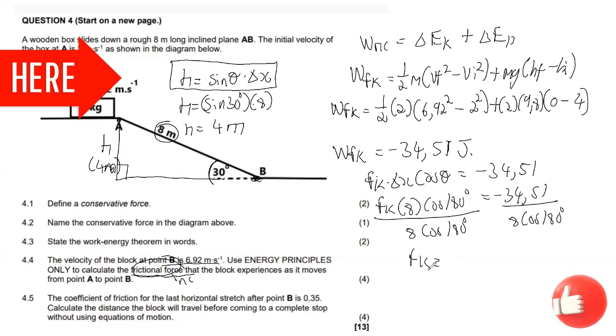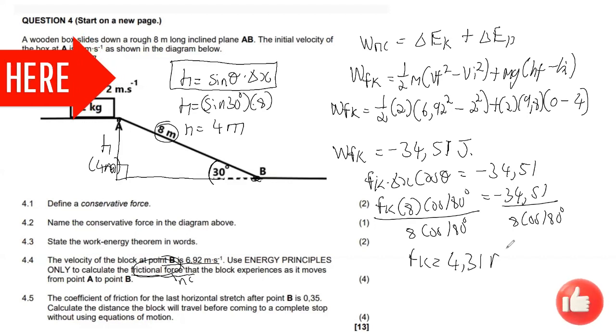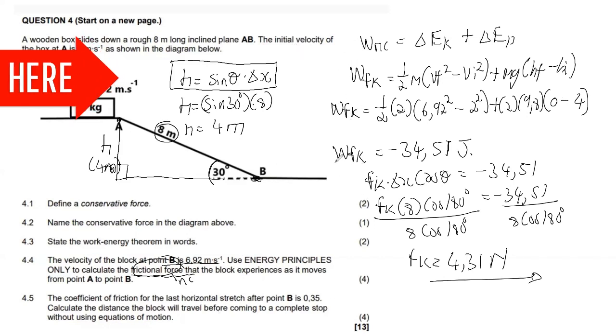This will give us a value of 4.31 newtons. Yes, that's how you were supposed to calculate that. So essentially, you could have just broken it down from this formula here, but it is all one and the same thing, right? Okay, then let's continue to 4.5.